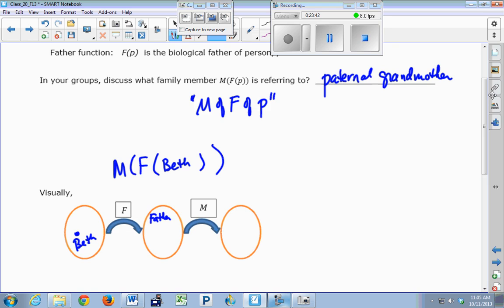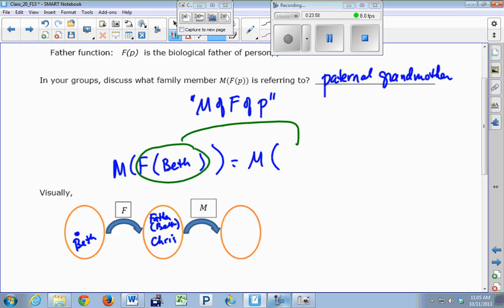What's your father called? Chris. Father of Beth is Chris, right? So I replace the father of Beth with the name Chris. Chris is the output of the first function, the output of F of Beth.